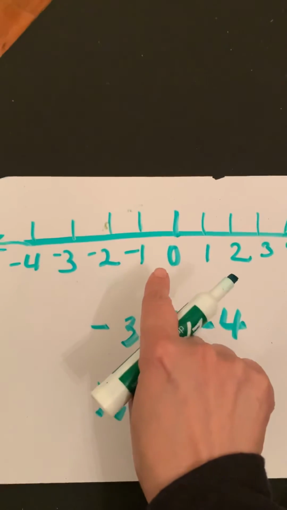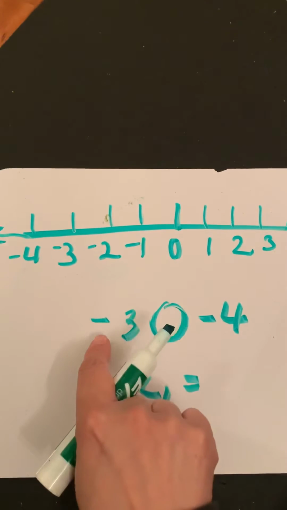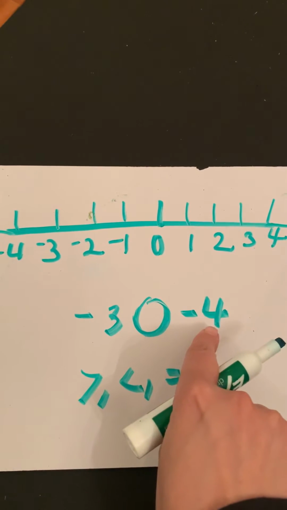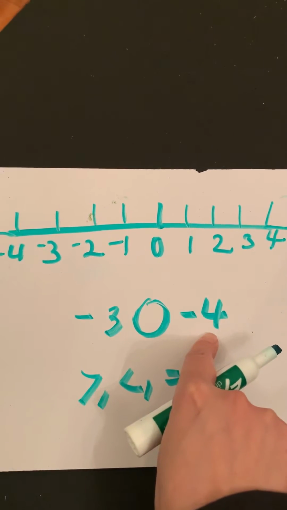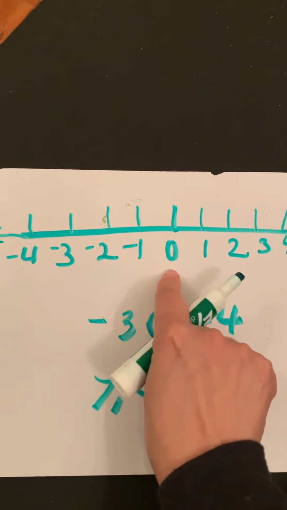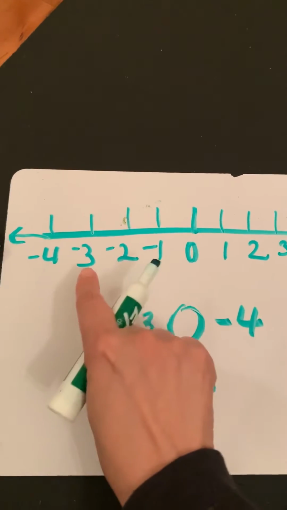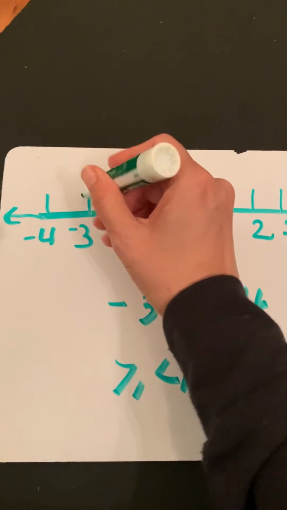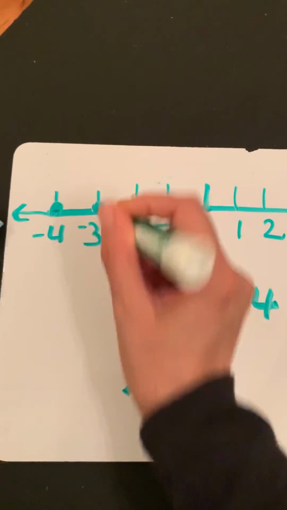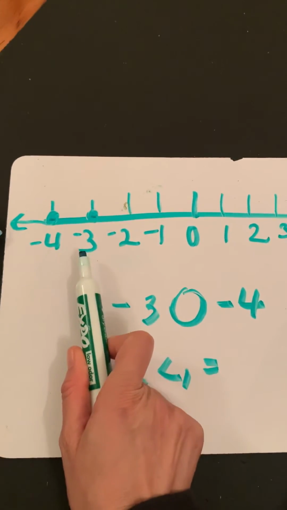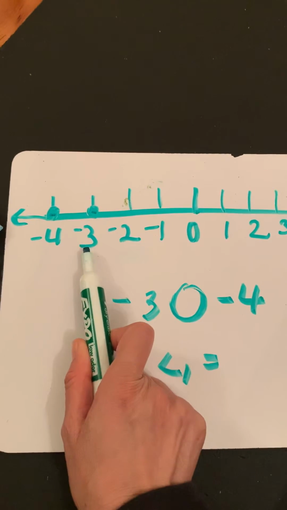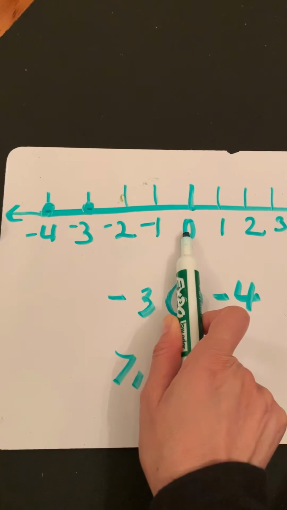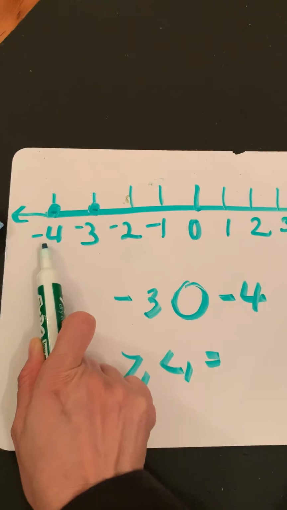Well, you can look at the number line and say, which of these two numbers, -3 or -4, is closer to 0 on the number line? If I look here, -3 is right here, and -4 is right here. And looking at that concept, -3 is closer to 0. -4 is a little bit further.